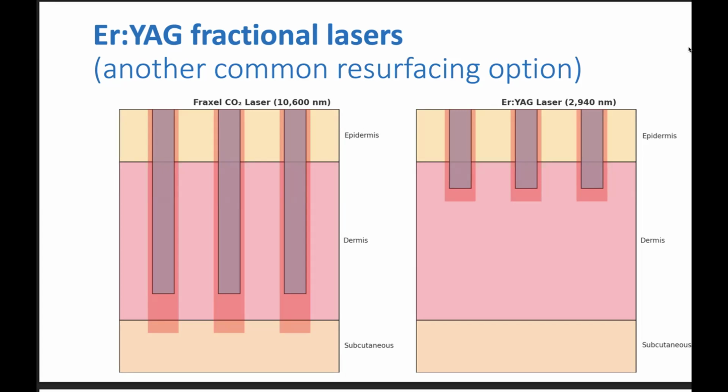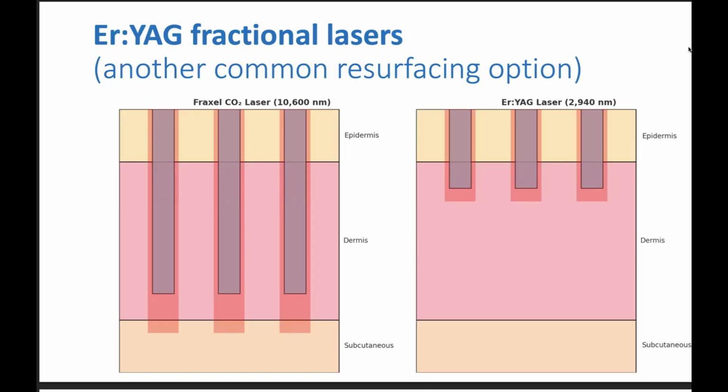And we can see the CO2 laser wavelength is 10,600 nanometer, which can penetrate more deeply into the epidermis, dermis, as well as a part of subcutaneous. But in the other kind of laser, the so-called Erbium YAG laser, the wavelength is around 2,940 nanometer.